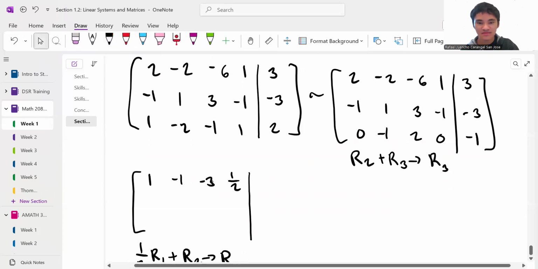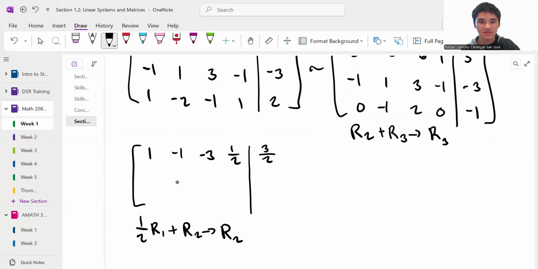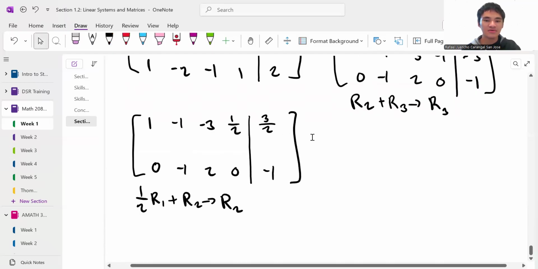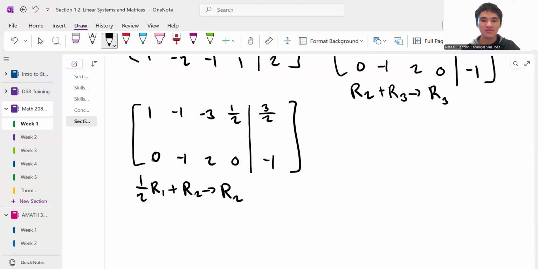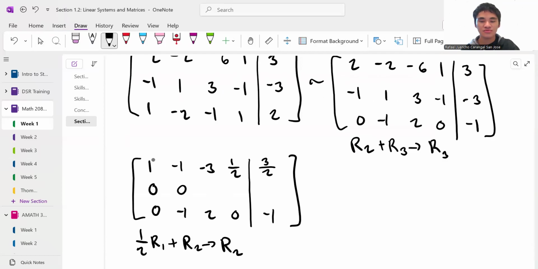This becomes 3 halves. Okay. Then I can copy row 3, right? And then we have row 2 here. So we just add it. 1 minus 1, 0. -1 plus 1, 0. -3 plus 3, 0.